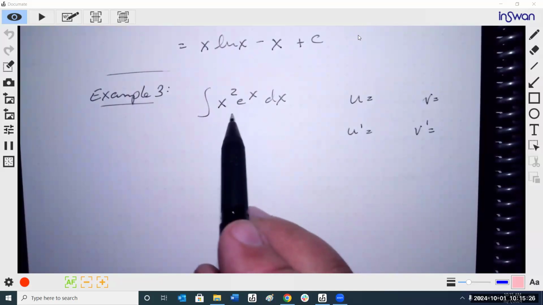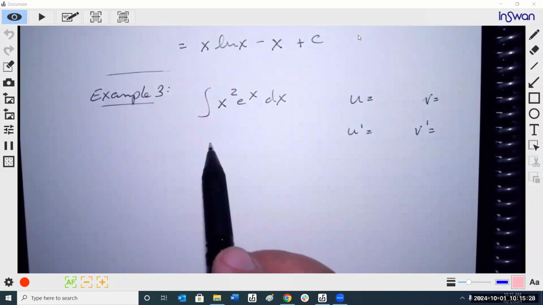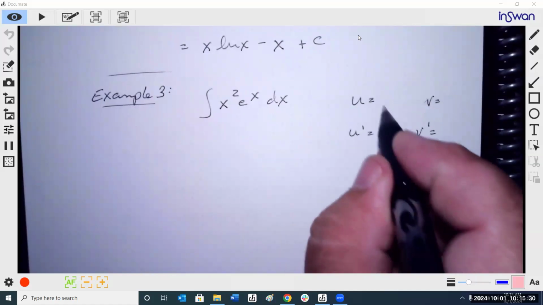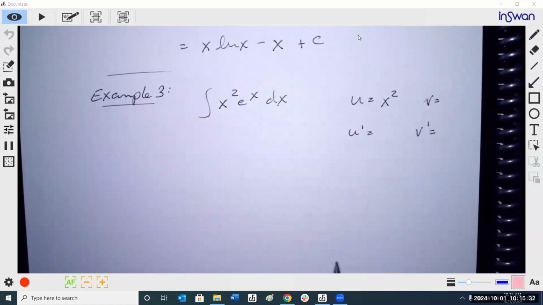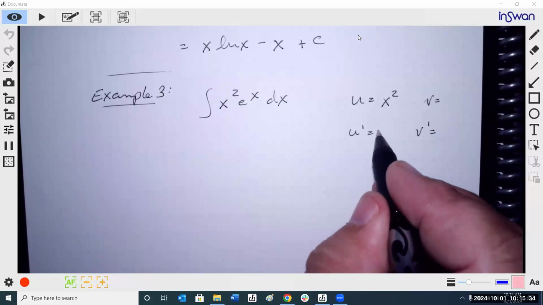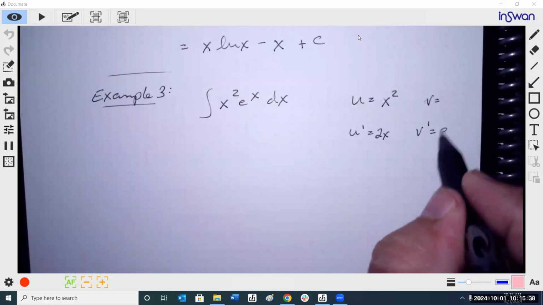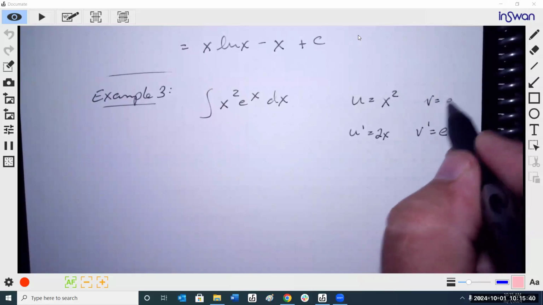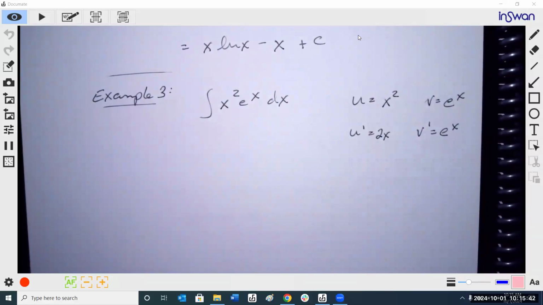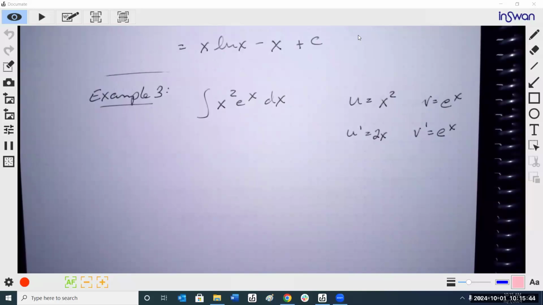The only one that, if we take the derivatives, comes out to be 0 would be x squared. So u will have to be x squared. So du would be 2x. That means v prime will have to be e to the x, because I can integrate that forever and never get 0. So that's an important condition I have there.